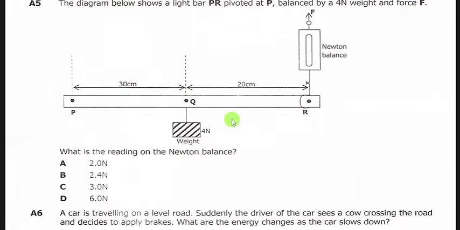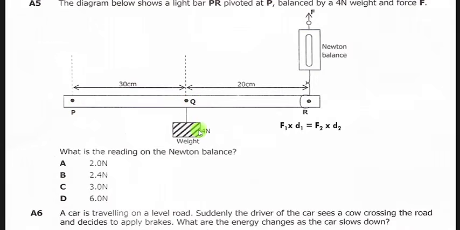So using the principle of moments, we'll be able to find this upward force. According to moments, we have force 1, which is the one carrying it downward, times distance 1. This distance 1 is the distance of this force from the pivot, so you consider from the pivot.